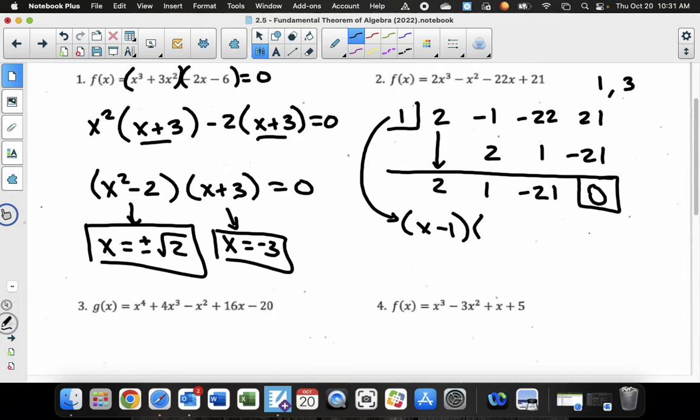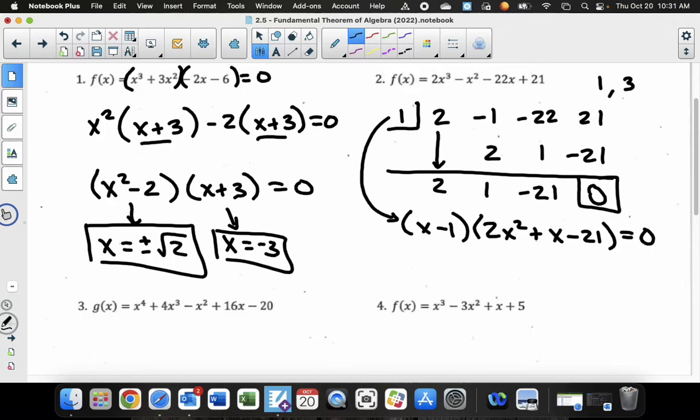Whatever degree you start with, every time you do synthetic division, it drops a degree. So these numbers right here are your coefficients of a quadratic. So you have 2x squared then, since we started with an x cubed, plus 1x minus 21.